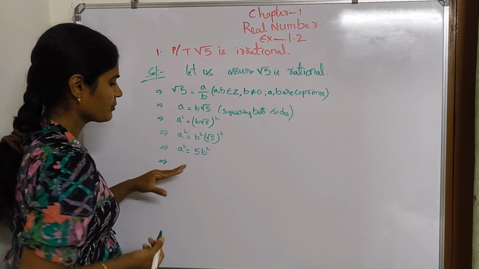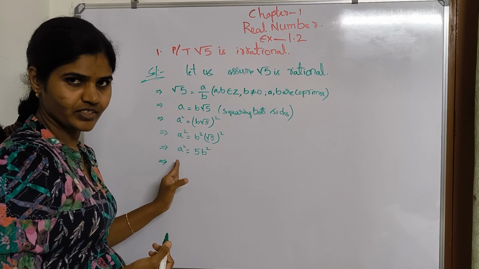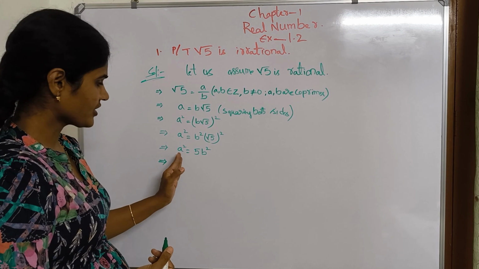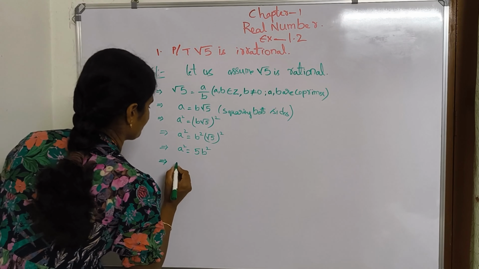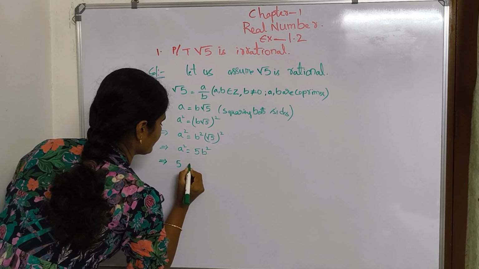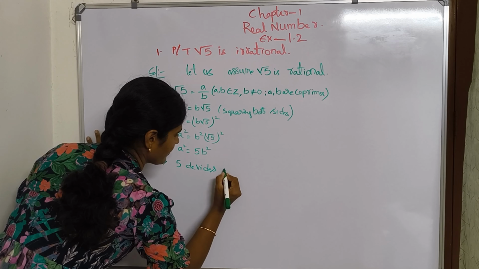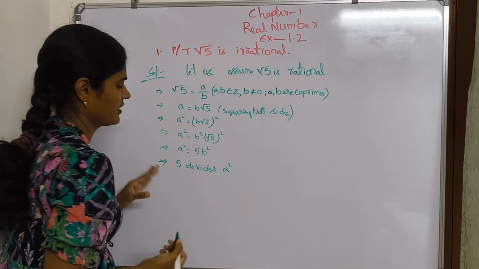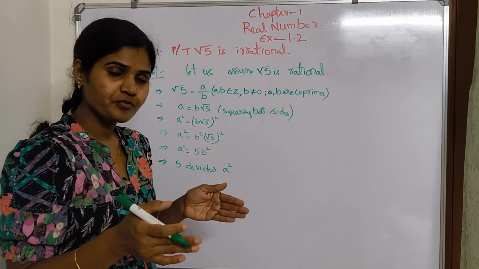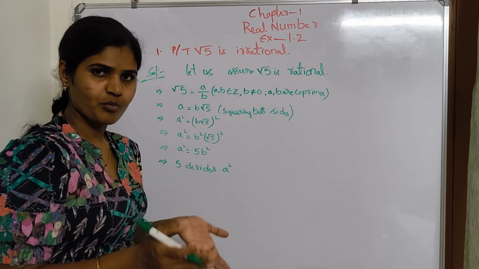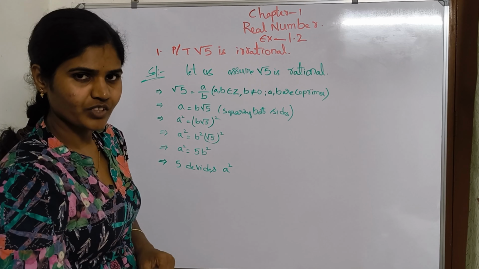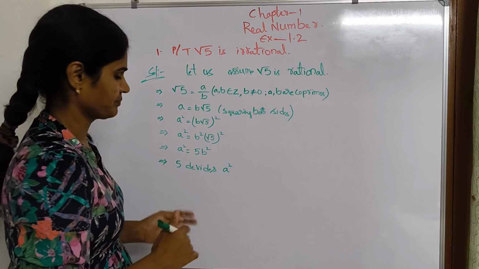A square equal to 5b square means 5 divides a square, it is a factor of a square. So 5 divides a square. From the theorem, if p is prime, p divides a square means p divides a.